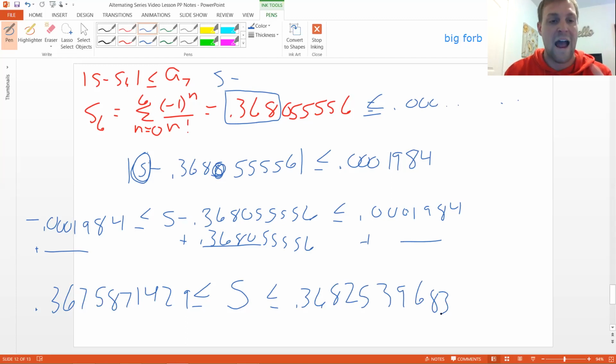So without finding my infinite sum, I have a really good idea of what it is. I know that it's correct to 3 decimal places. I know it's going to be about 0.368.